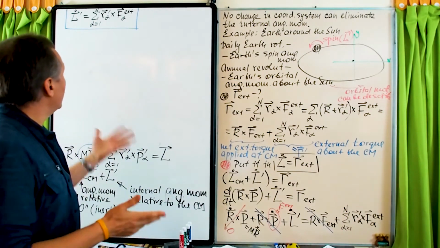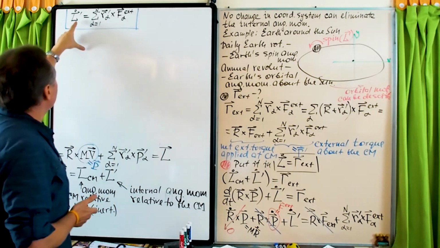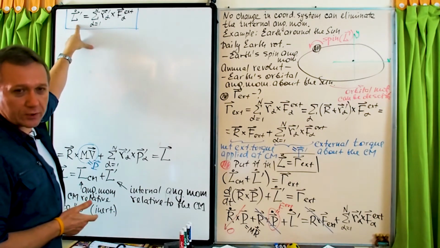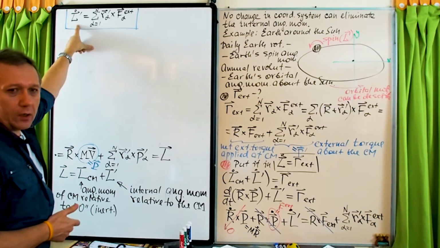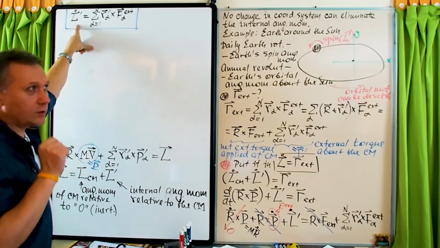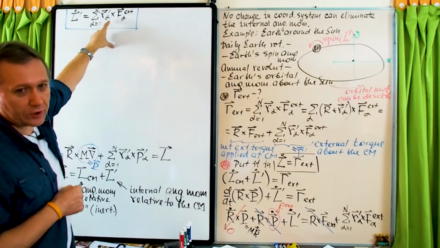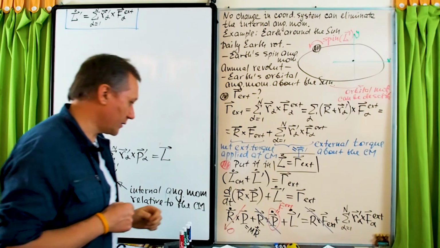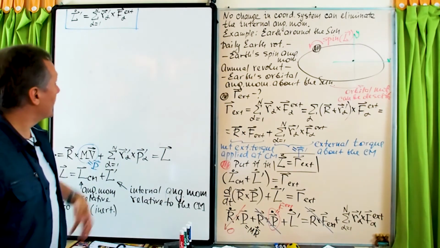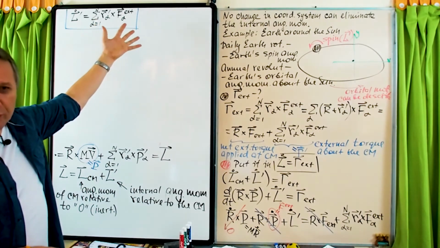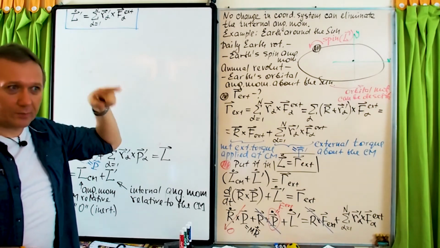And so also, we can say, in order to change the angular momentum about the center of mass, only these torques can change it. I mean, these external torques about the center of mass can change angular momentum about the center of mass.